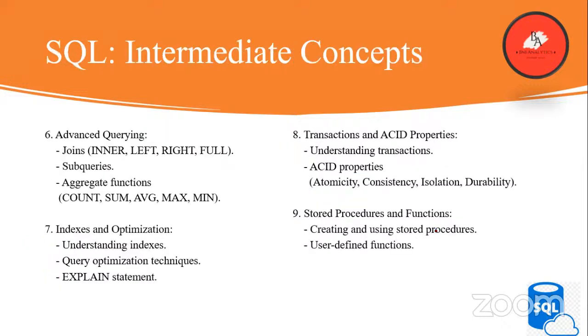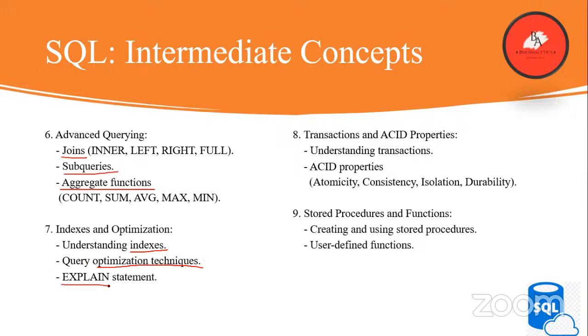Now, the intermediate part of SQL includes advanced queries, that are the joins, subqueries, and the aggregate functions. Okay. Then indexes and optimizations are also available in SQL, which are intermediate concepts. Understanding the indexing of the data, query optimization techniques, which is the most important thing in SQL.